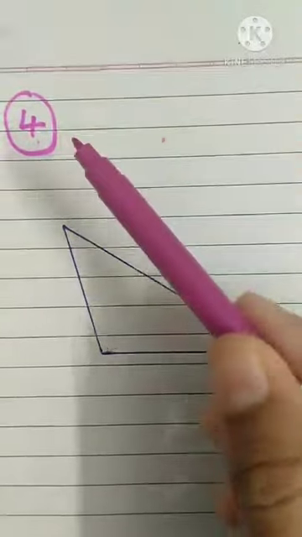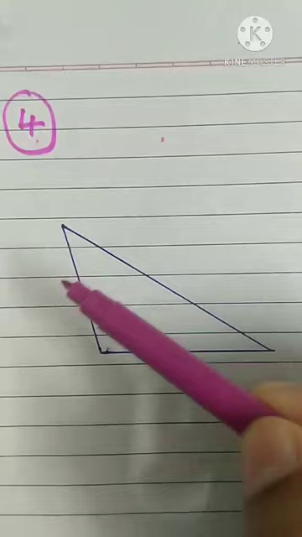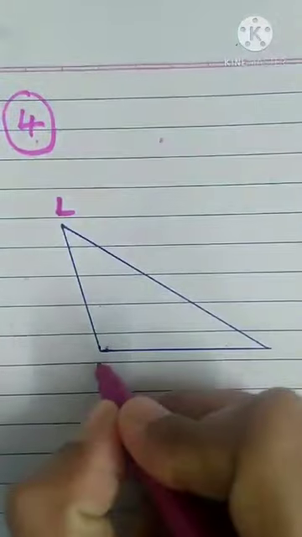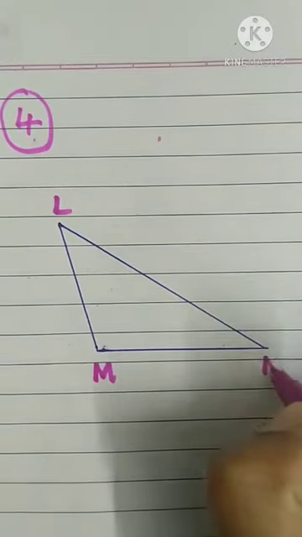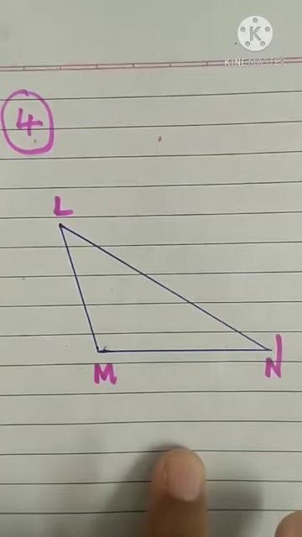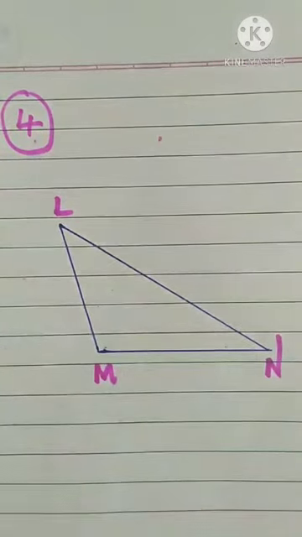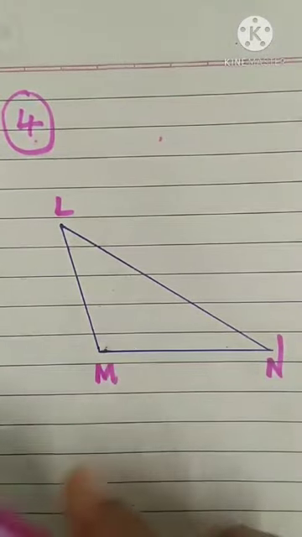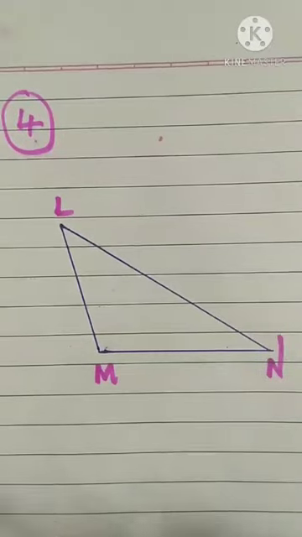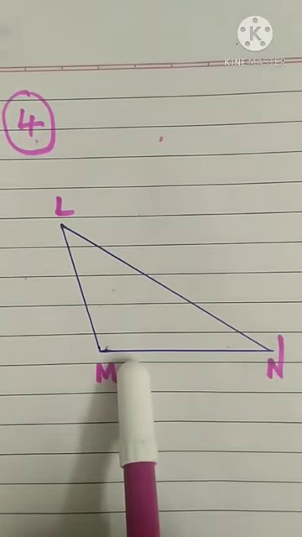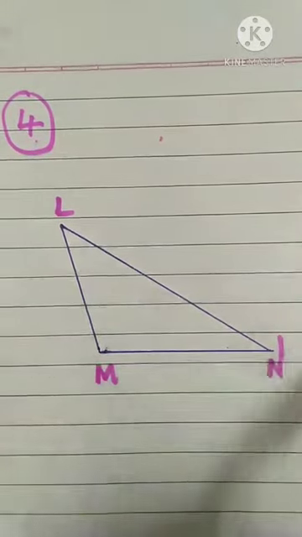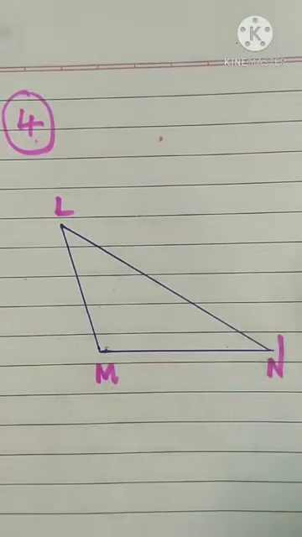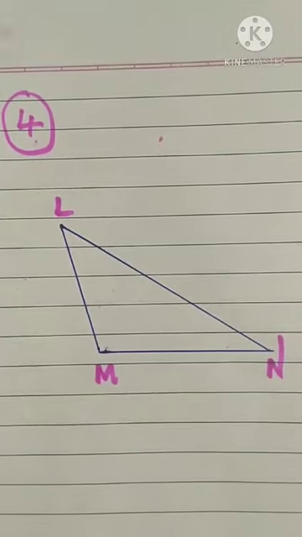This is practice set, fourth question: draw obtuse angled triangle LMN and denote the orthocenter O. When will you get the orthocenter? When you draw the altitudes. For an acute angled triangle we got it. Now let us see how we will get it for an obtuse angled triangle. After drawing the obtuse angled triangle, we have to do some extra work.